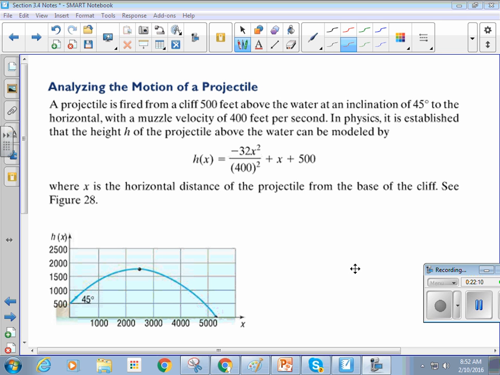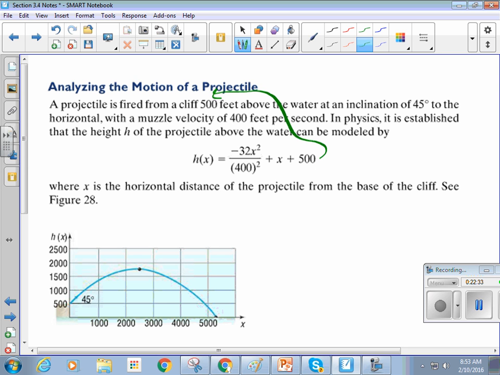In physics, it is established that the height of a projectile above the water can be modeled by h of x equals negative 32x squared over 400 squared plus x plus 500. So you guys can see in this equation how each of the pieces of information are linked.